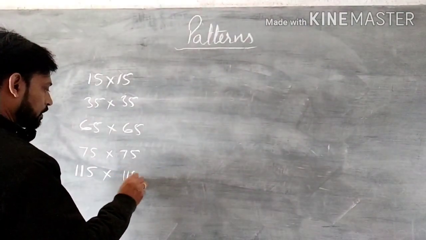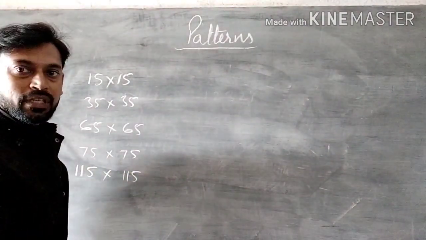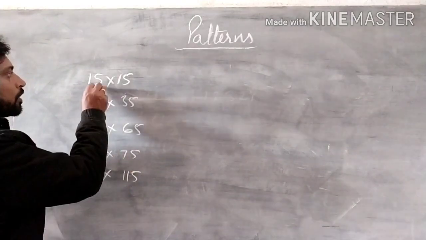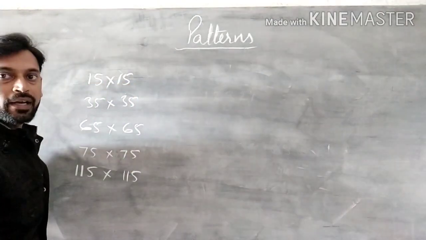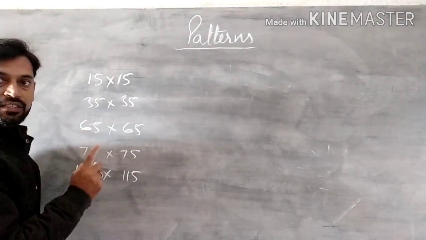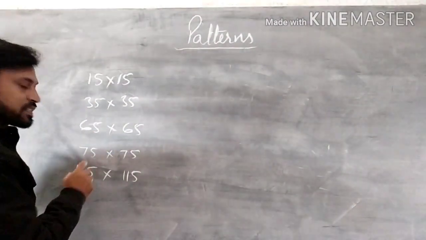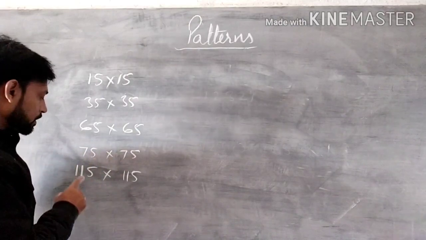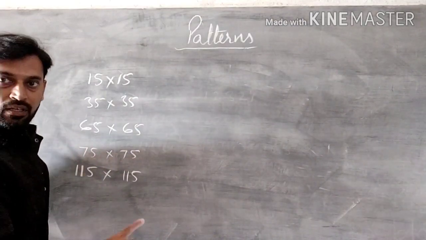So these are the numbers, and you can observe in ones place you are getting 5. Here 35, ones place is 5. In 65, ones place is 5. 75, ones place is 5. And in 115, ones place is 5.